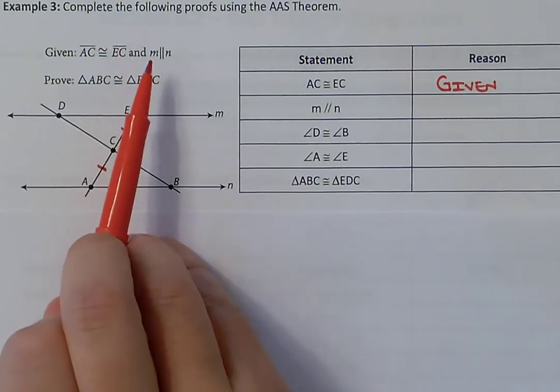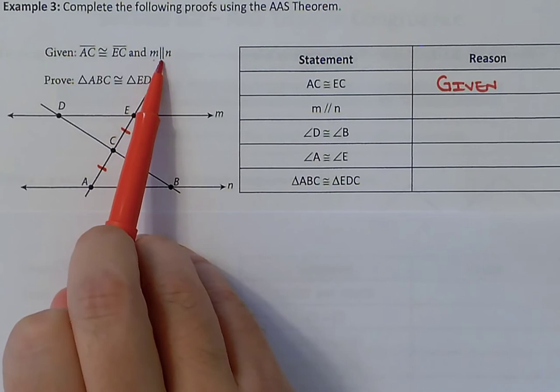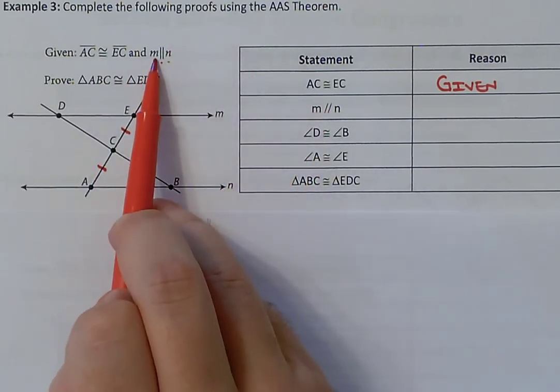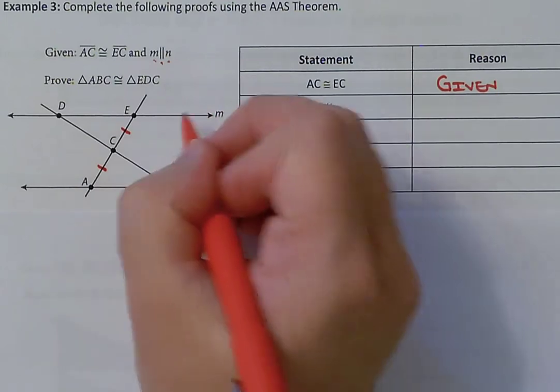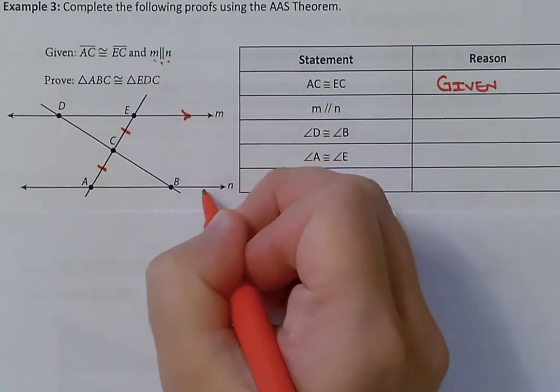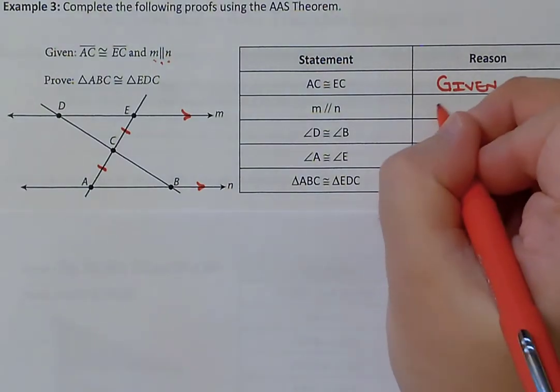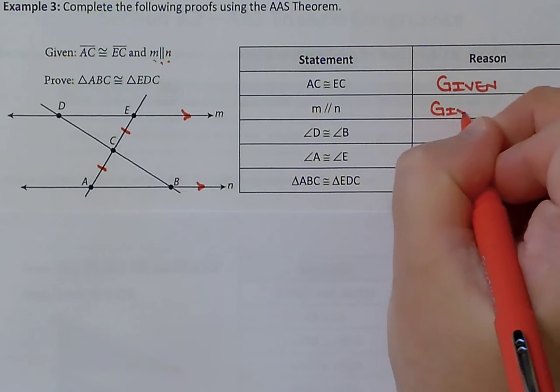The next part is they state that M is parallel to N. So that means this line is parallel to this line, and I know that because that is given.